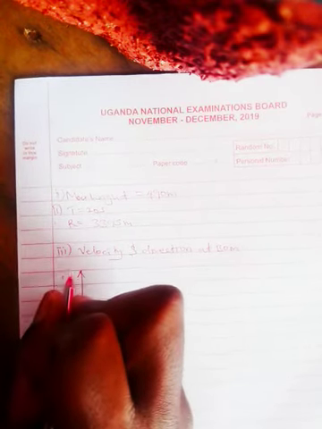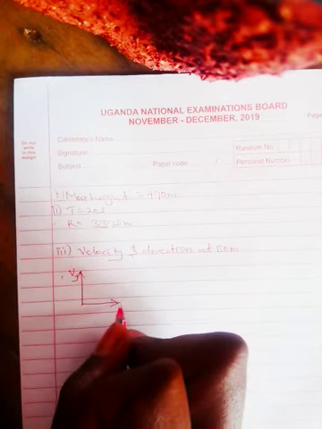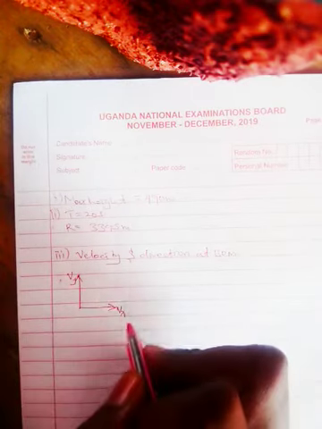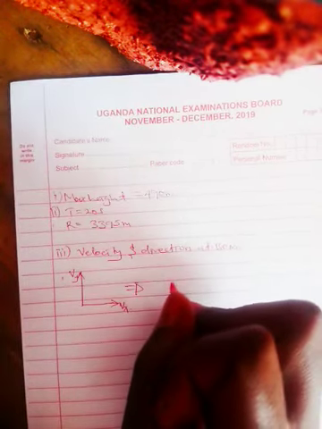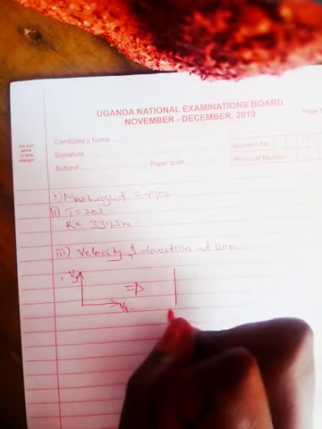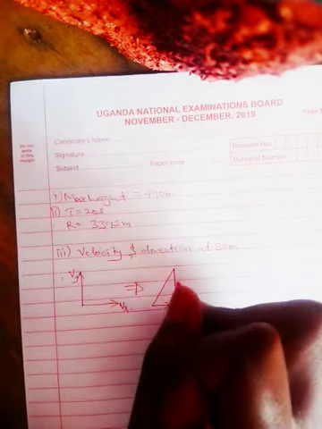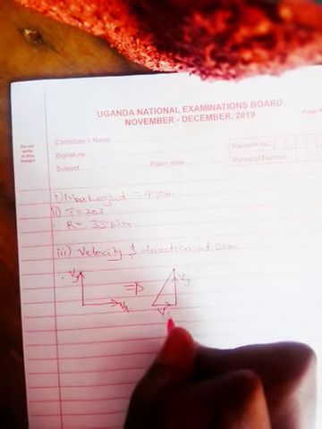If this is my vertical velocity, Vy, and the horizontal velocity, Vx, I'm going to get the resultant of Vy and Vx, which will give us this triangle. Vy and Vx.